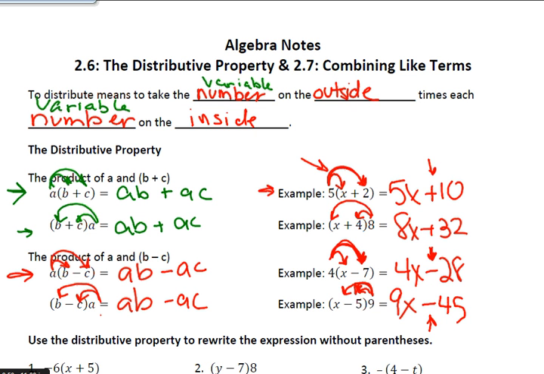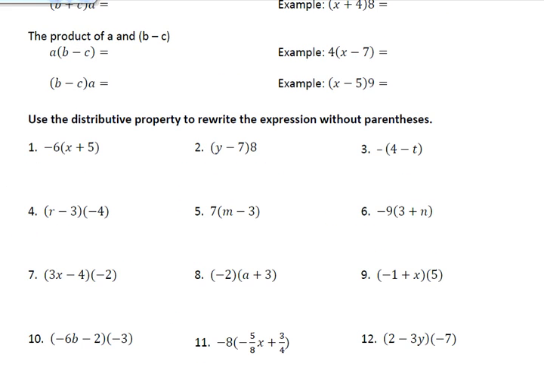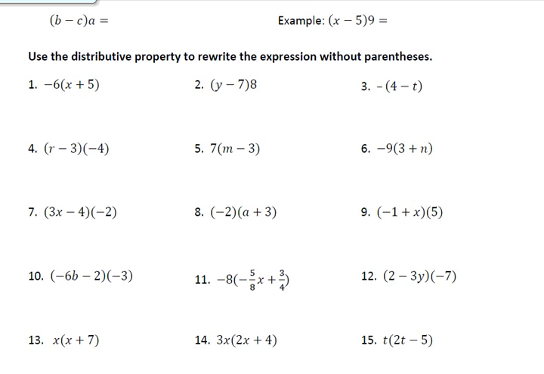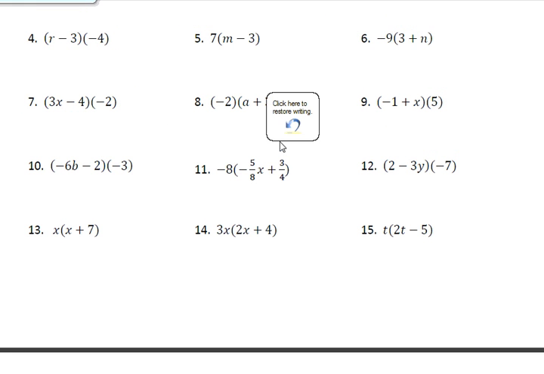So let's try a couple more examples here so we can see how this works. Okay, let's do number 4 here. I'll skip the first row. So 4 is on the back side, but we're going to do the same thing. Take negative 4 times each thing on the inside.